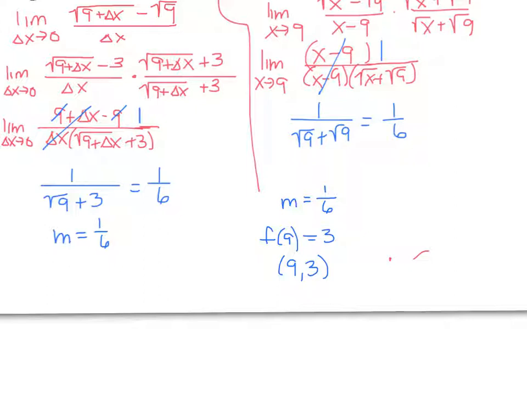And we can now use that to write an equation. Using point-slope form, we have y minus 3 equals 1/6 times quantity x minus 9. That is perfectly acceptable. That is the equation of the tangent line. But if you wanted, you could write it in slope-intercept form. That would give you y equals 1/6 x plus 3/2.